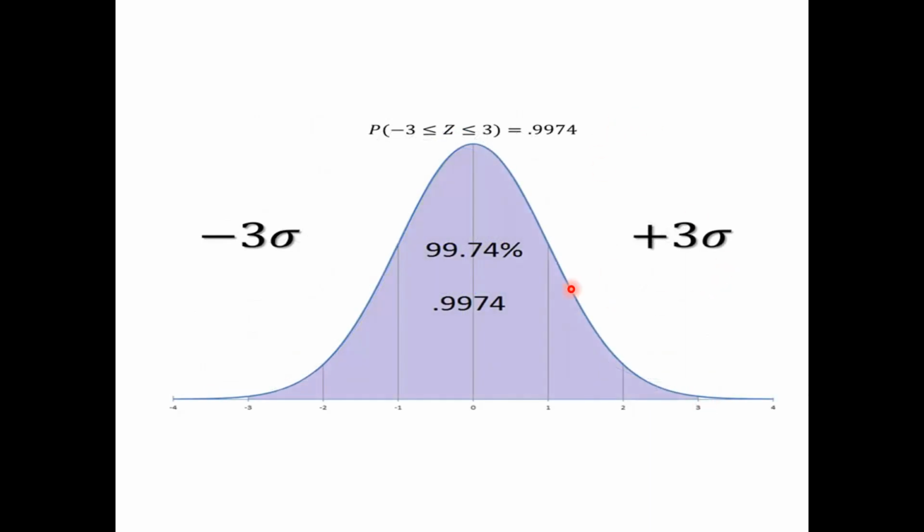As a researcher, as an academician, or as people who are using the normal distribution, we don't consider values beyond minus 4 and plus 4, because the number of such elements in the population is very, very small.